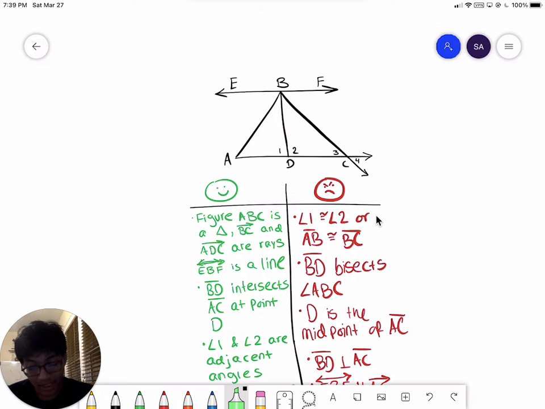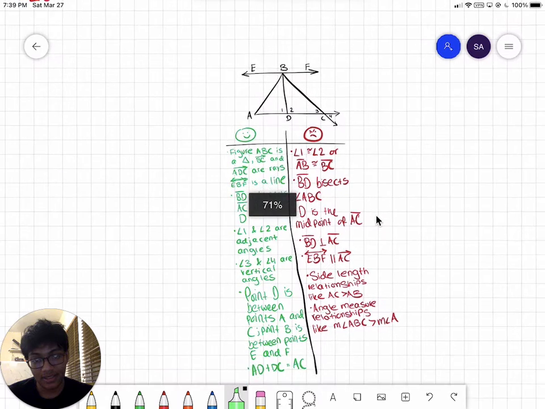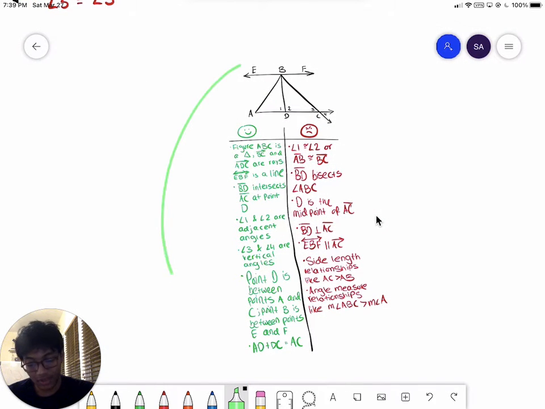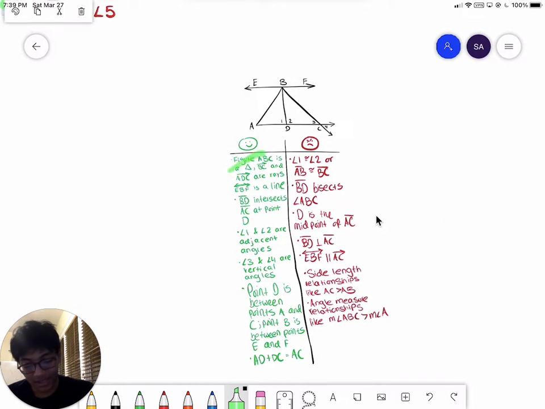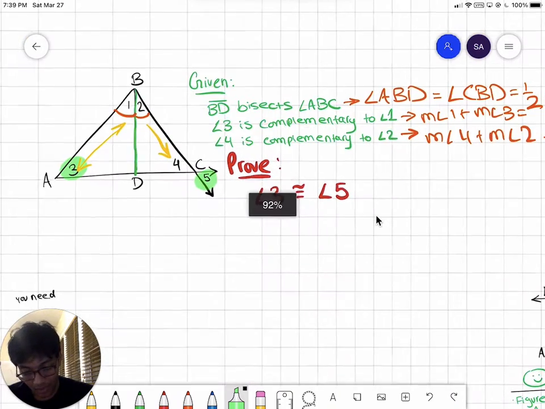For example, you cannot assume that this BD bisects this line segment AC, unless you're told that explicitly. So we're gonna go ahead and just forgo this, but make sure you take note of this. These are the things you can assume, but a lot of the times you gotta make sure you don't assume the bad parts.